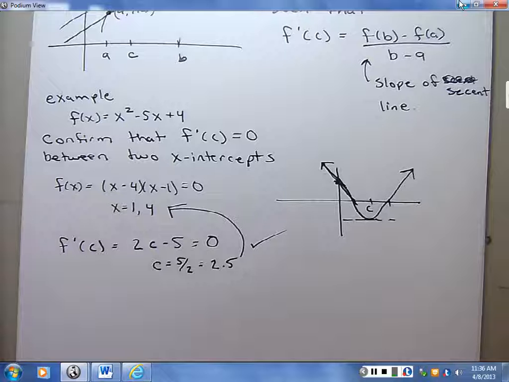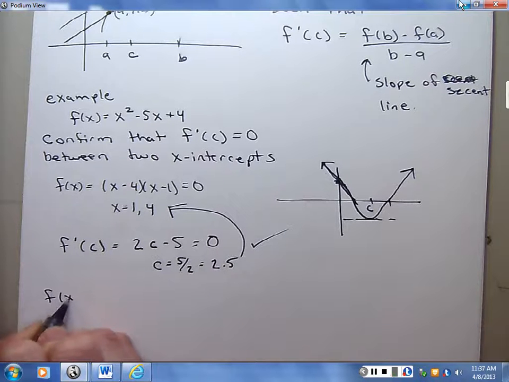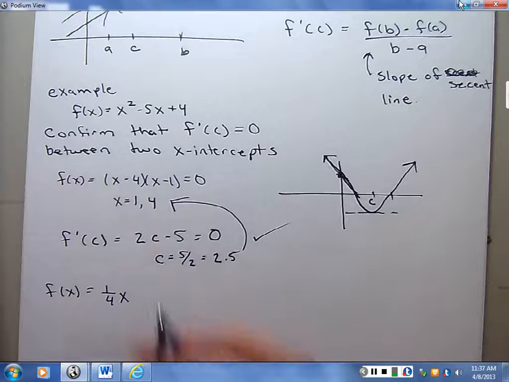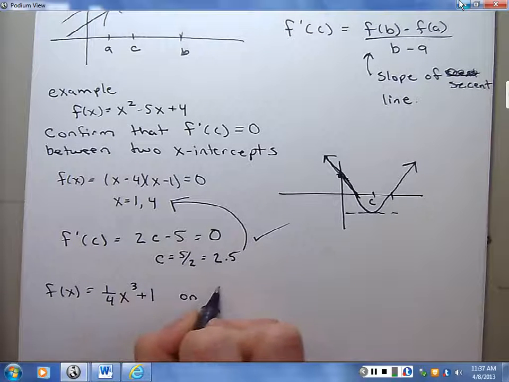Parallel, mean value 0. Okay, so let's say we have the function f of x equals 1/4 x cubed plus 1 on 0 to 2.